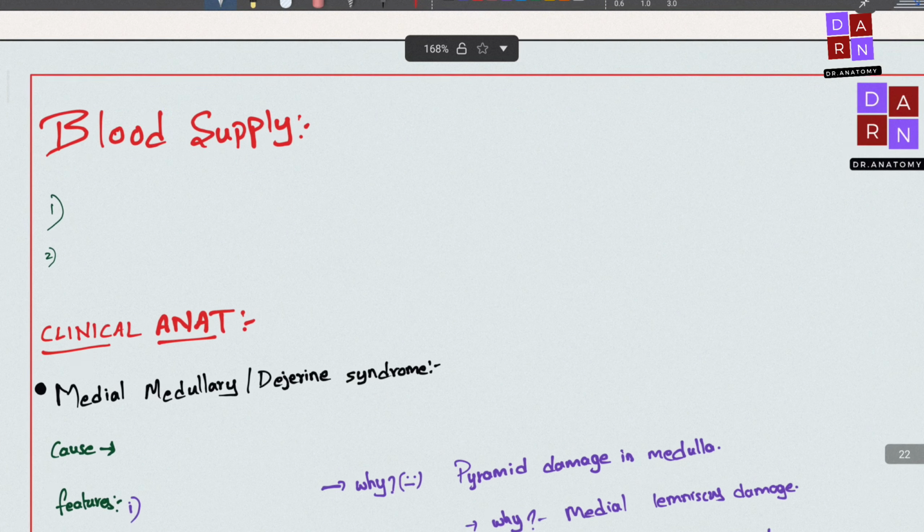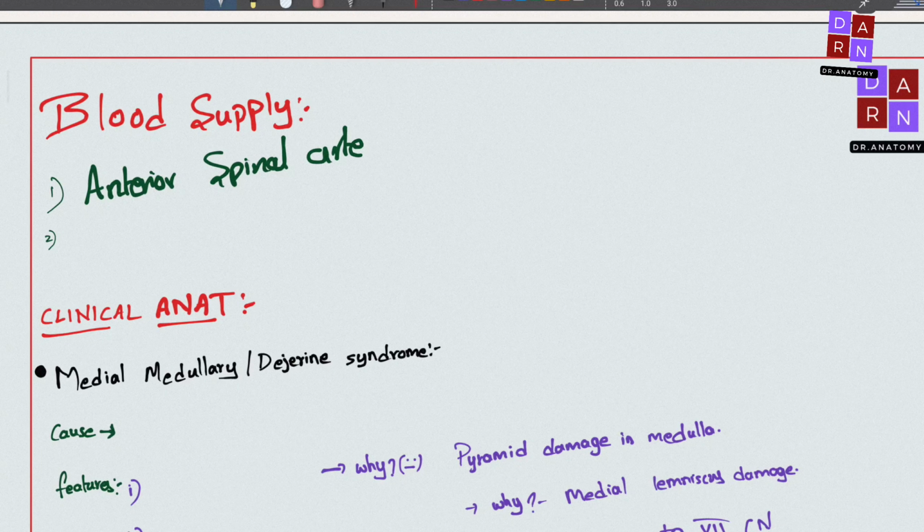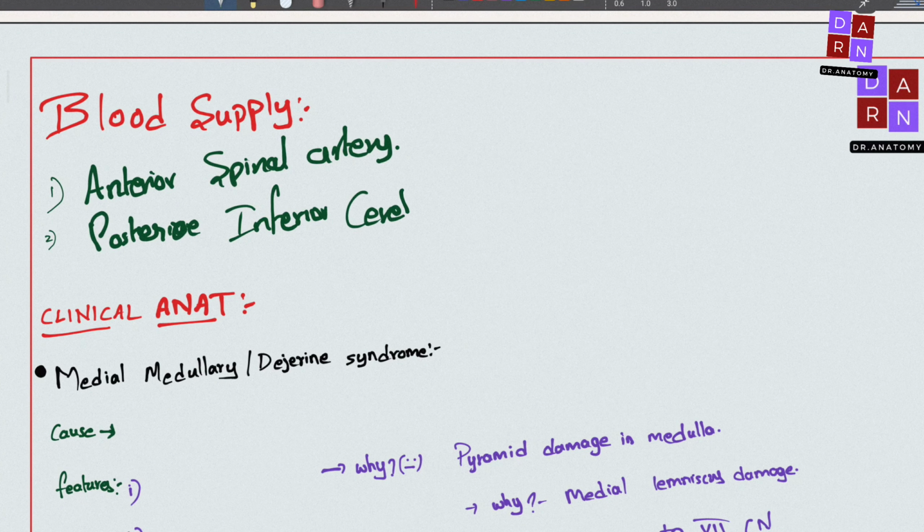Blood supply. Two arteries we are going to remember. What are they? Anterior spinal artery and posterior inferior cerebellar artery.